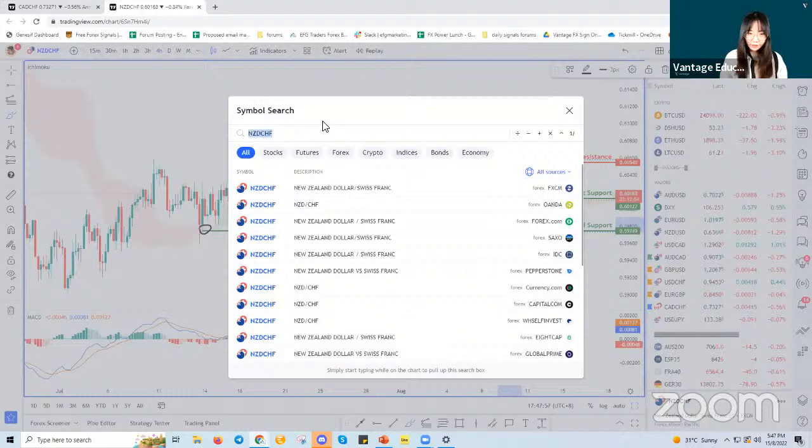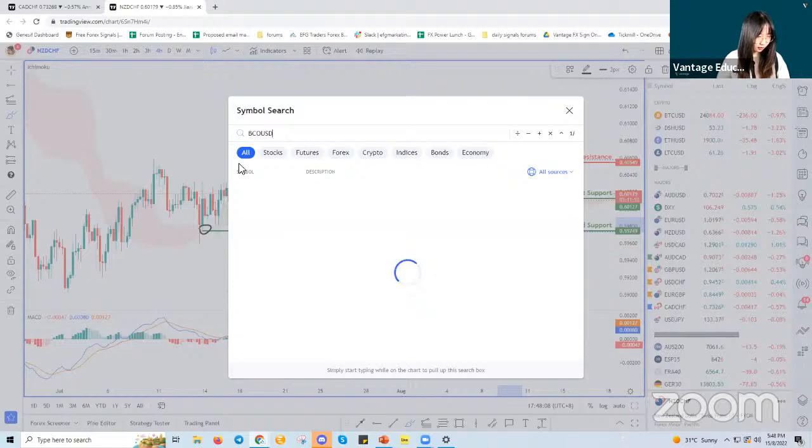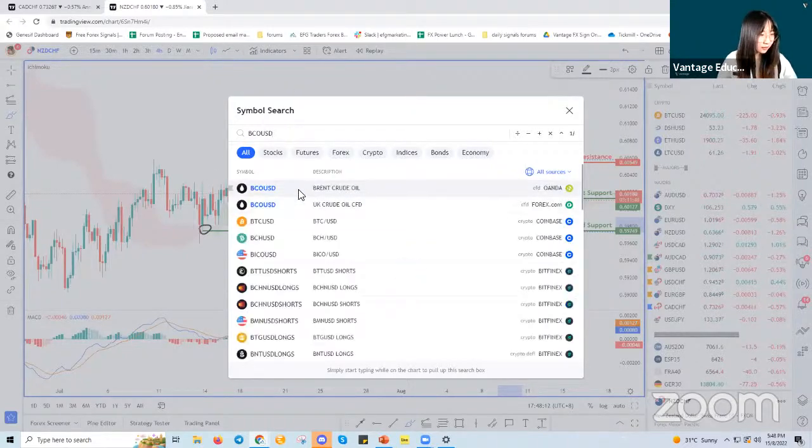If you guys don't have other desired pairs, maybe we go for our last analysis today. I'd like to share with you the oil price today.